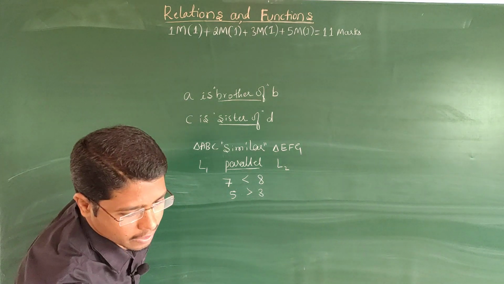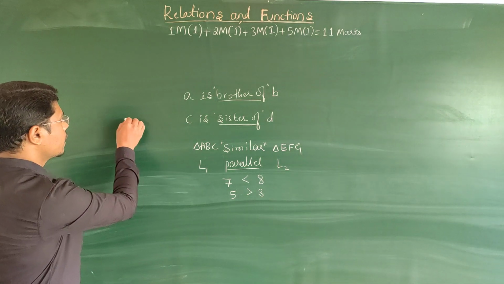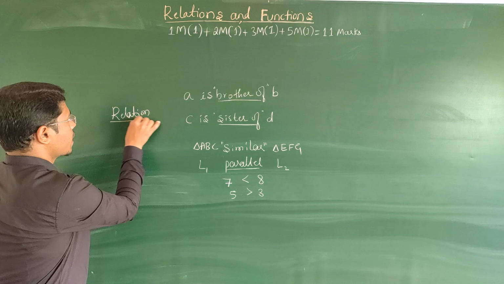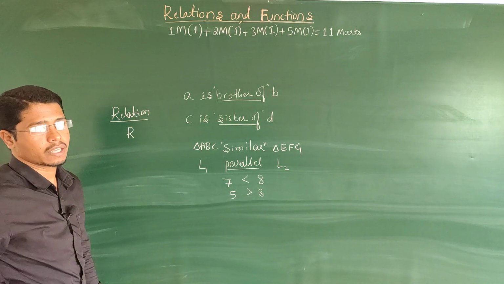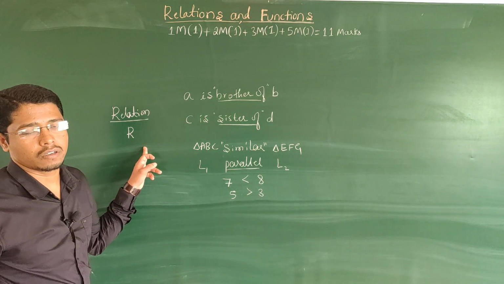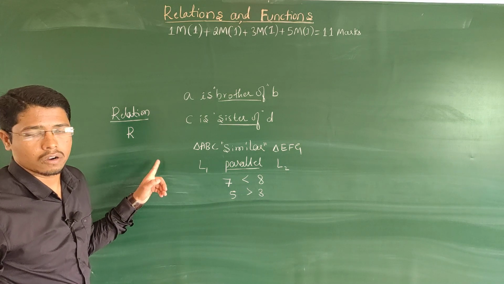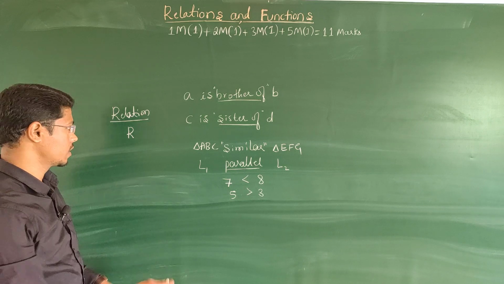Now let us come to the relation in mathematics. A relation in mathematics is denoted by capital R, and to define a relation we need a non-empty set of ordered pairs, that is nothing but a Cartesian product.